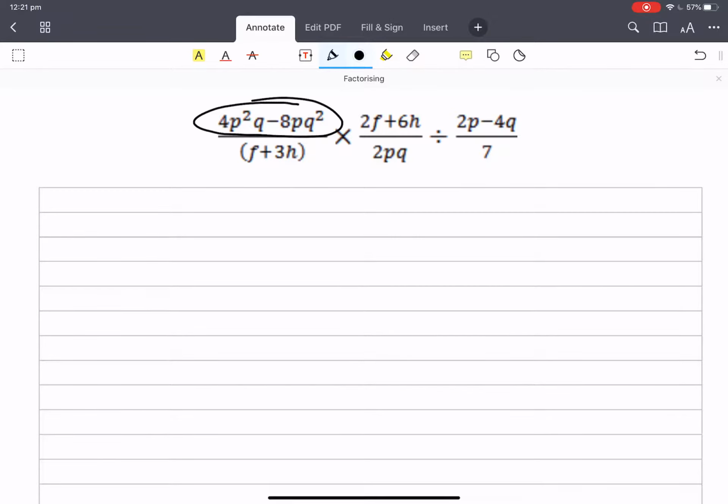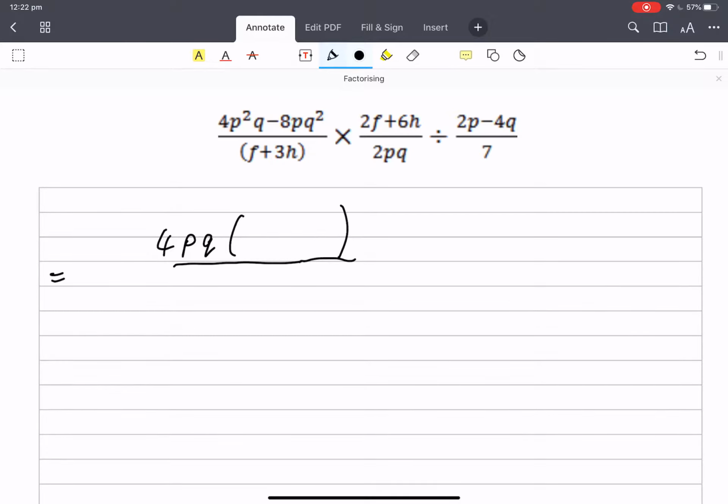So, we are just going to do this one step at a time, looking at that. What's common? I'll keep my equal sign there. Okay, I've got a 4 and an 8. So there's a 4 common. There's at least one P and at least one Q common to both terms. So I'm taking a 4 and a P and a Q out of that.